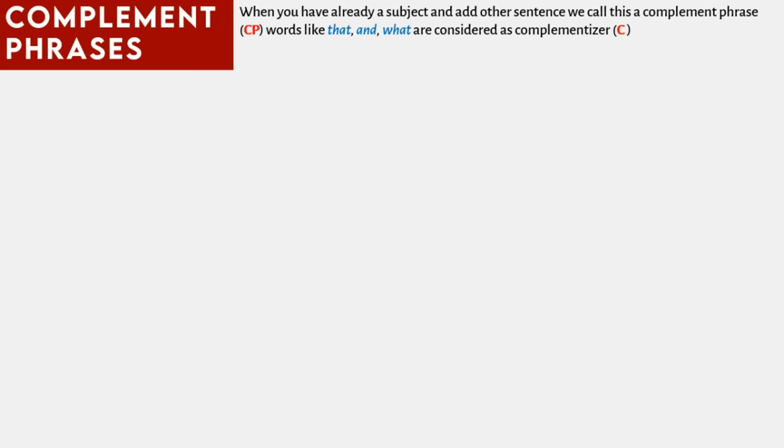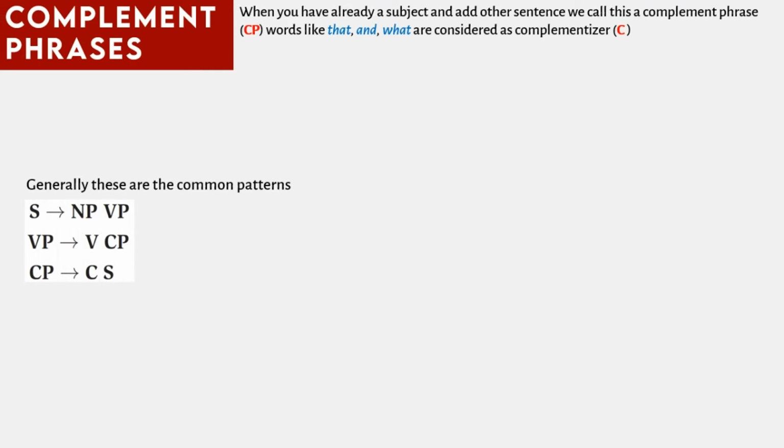We call complement phrases those where we already have a subject and add another clause. We call this a complement phrase. We mark CP, and we mark the complementizers as C.